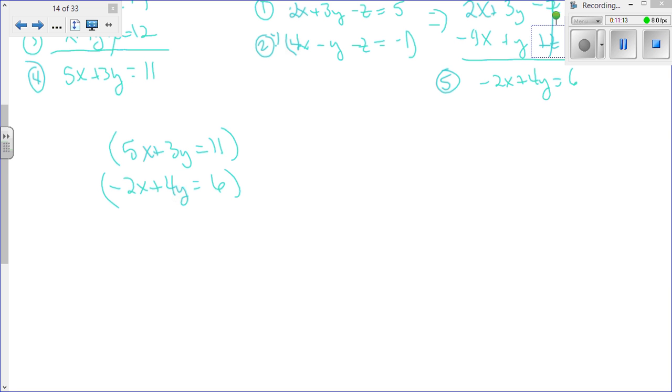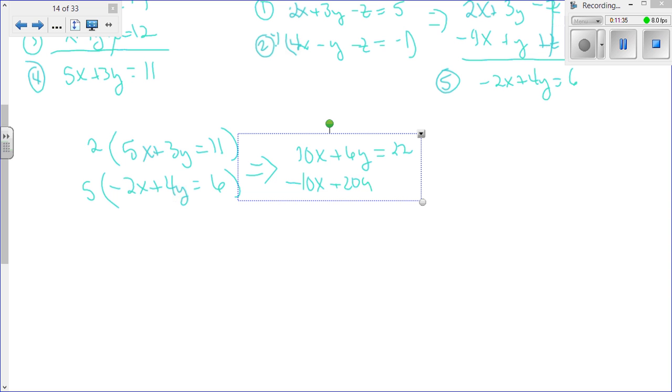I'm going to go for getting the x's to cancel out, because one's already positive, one's negative. So I'm going to multiply the top one by 2 and the bottom one by 5. So 10x plus 6y equals 22. That's my top equation. My bottom one is negative 10x plus 20y equals 30.